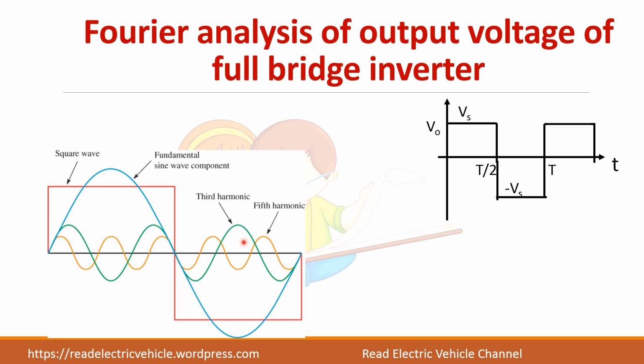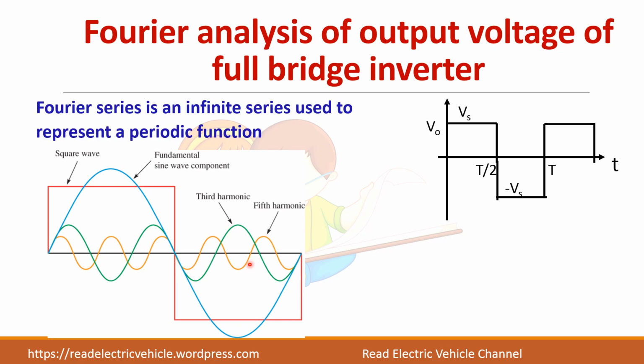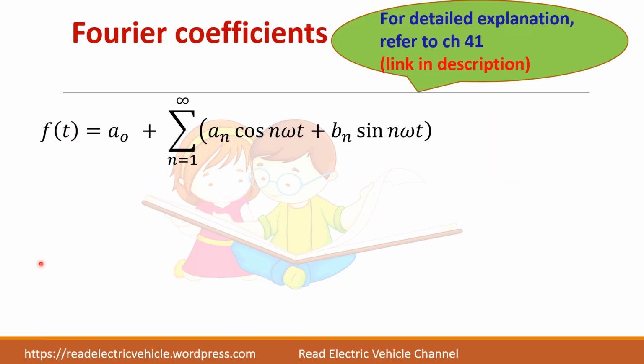The best thing is to apply Fourier series to this waveform so that we can separate the fundamental component from the remaining harmonic components. Fourier series is used to identify what harmonics are present in this waveform, and we can identify the fundamental component easily. Let us recall the Fourier coefficients which we have already seen in chapter 41.